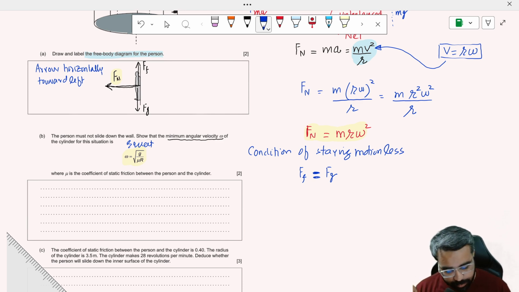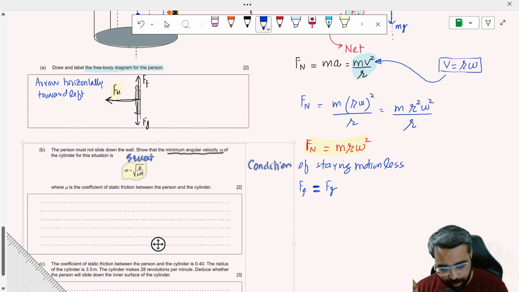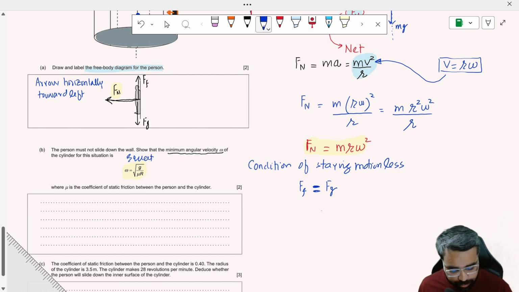Now this is static friction, because the person is staying at rest, and it equals mu s times the normal force, which equals the force of gravity. So mu times the normal force equals mg.